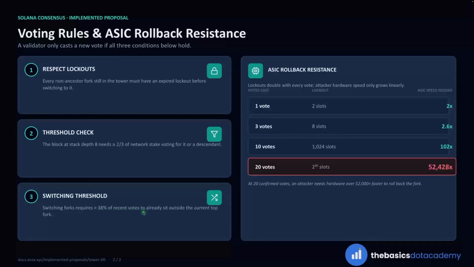Third, switching threshold: switching fork requires greater than 38% of recent forks to already sit outside the current top fork. So these are the 3 rules each validator must follow in order to cast a new vote.